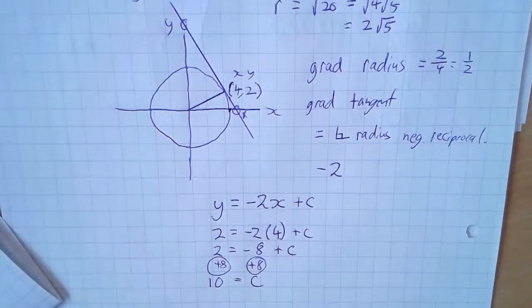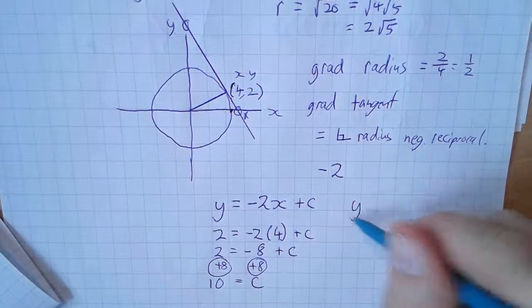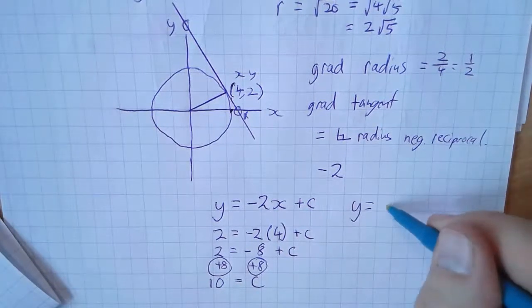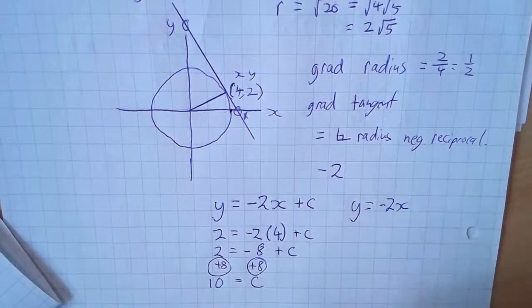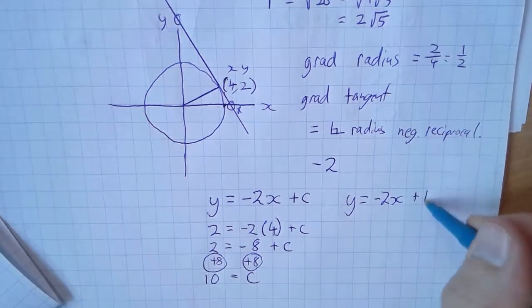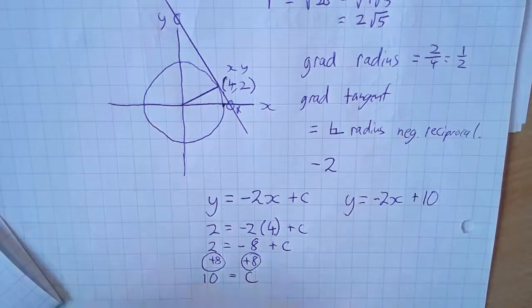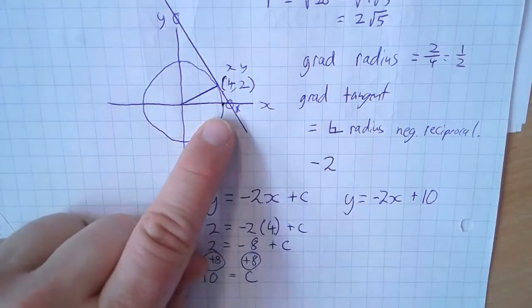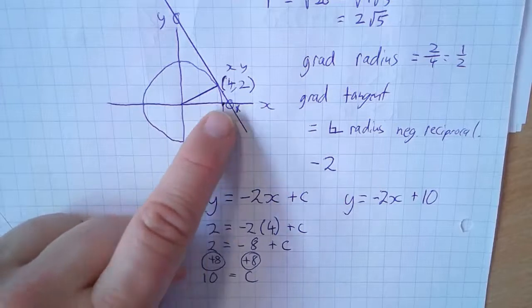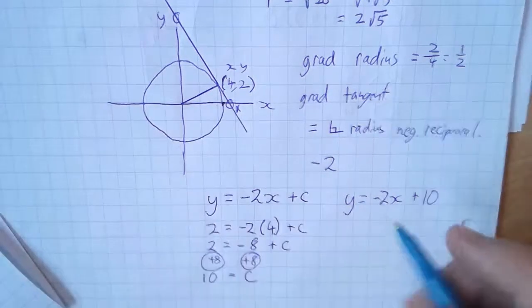So I know the equation for that line, which is y equals -2x, I knew that already, and I've just worked out what c is, plus 10. Now, what I need to work out is this point. That point is when y equals 0, right? When you go through the x-axis, y equals 0.